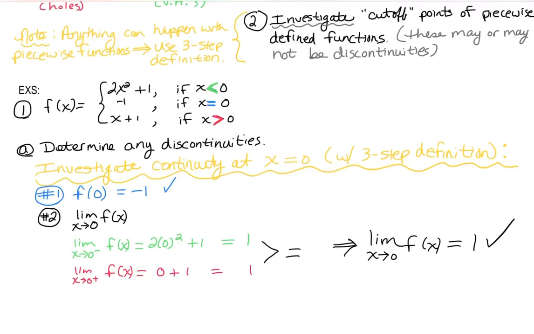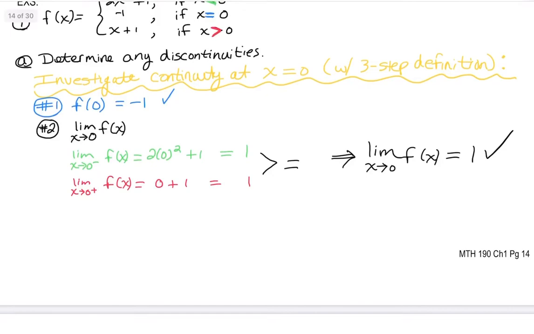The third step is looking to see whether or not the two results we just got are equal. So step number 3 looks at the result from step 1, f of 0, and asks whether that is equal to step 2, the limit as x approaches 0.